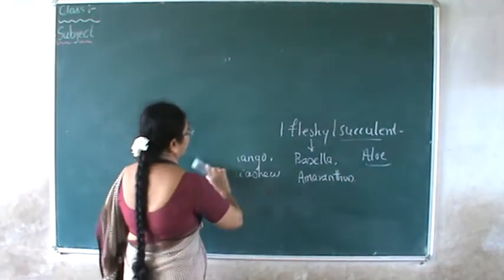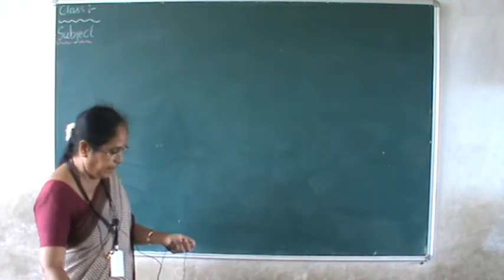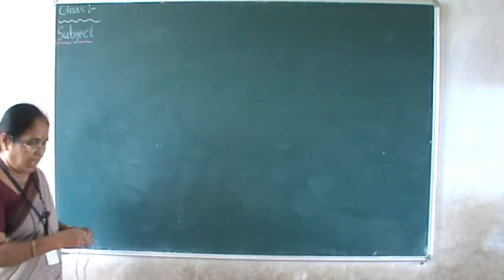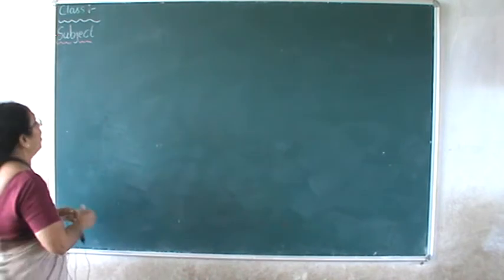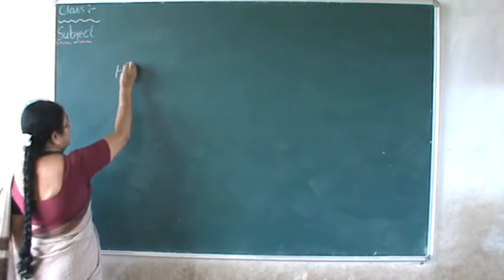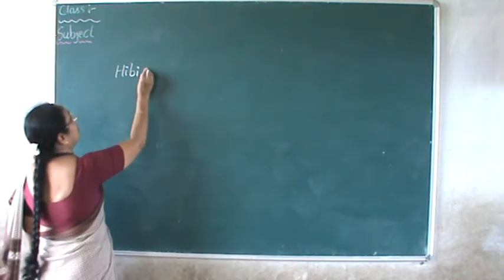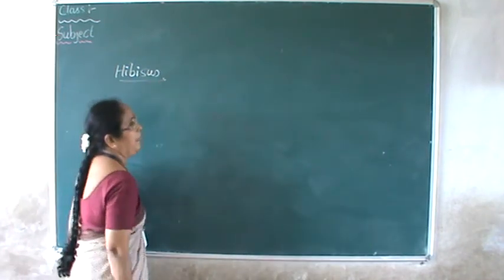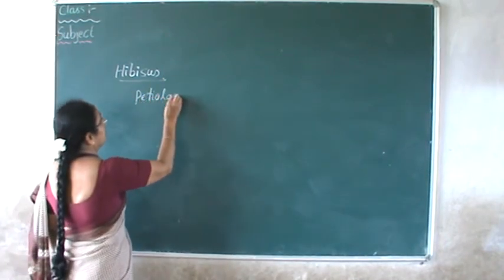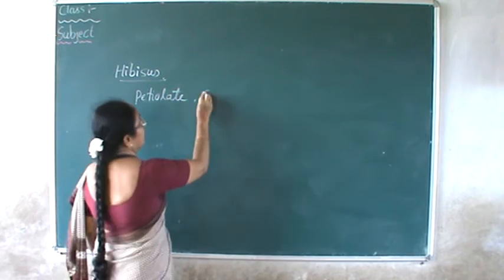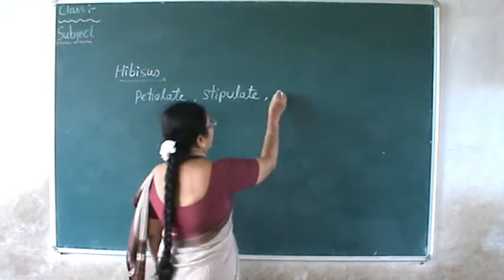Whatever words you have taken down, according to those terminologies which I taught in the previous class as well as in this class, I will use all the terminologies and describe the hibiscus leaf now, just to give you an idea of how to describe it on the blackboard. The hibiscus leaf is petiolate, stipulate, alternate.